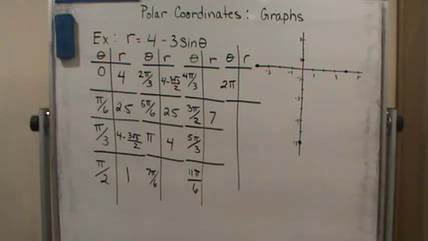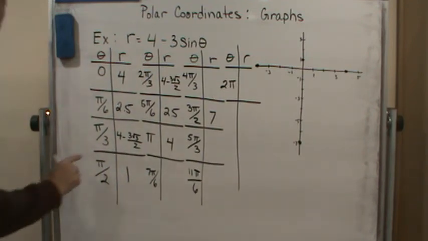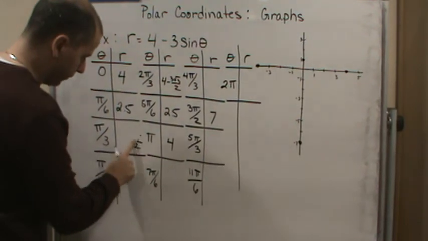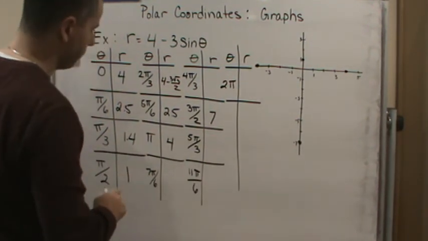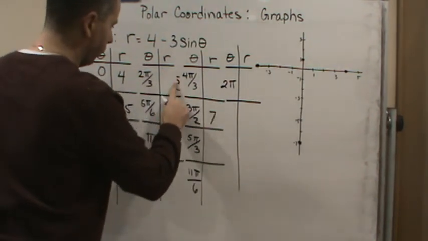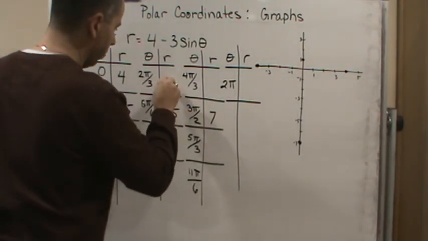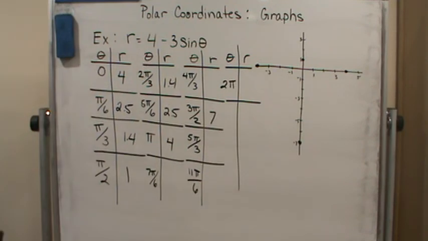And so if we fill this stuff in, let's see, what do I get so far? So 4, 2.5, okay, so this will be 1.4. So if we calculate this, this will be about 1.4.